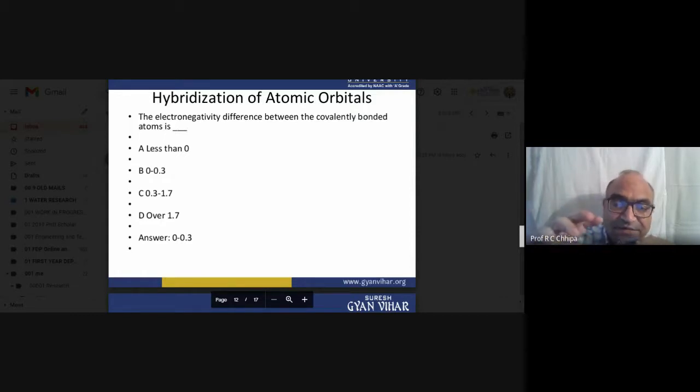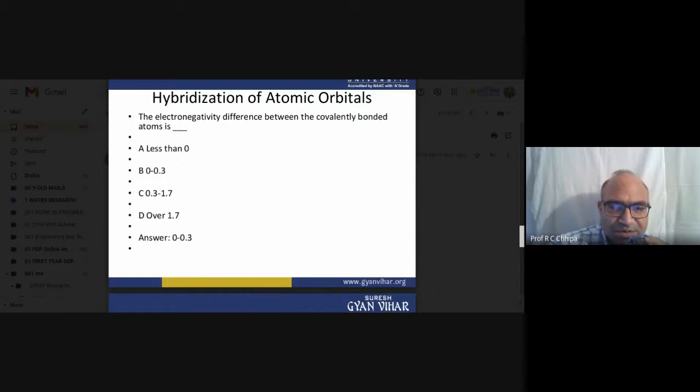Electronegativity is the force by which the paired electrons between two atoms are pulled toward one atom. So the electron pair attraction in a bond, that property is called electronegativity.